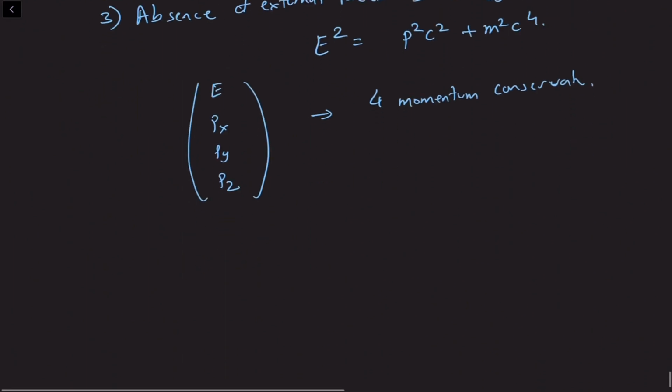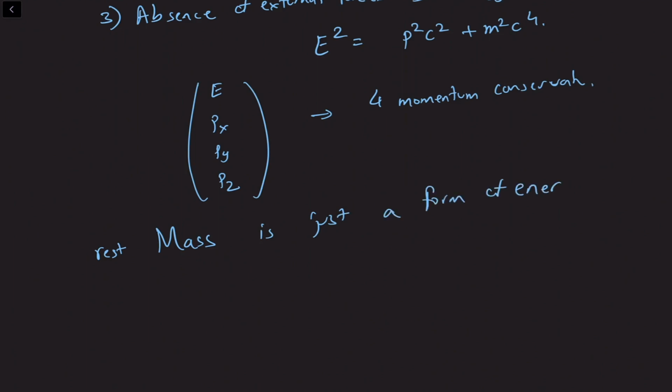And of course, what this also tells you is mass or rest mass is just a form of energy which is locked up with the particle. Okay, but it can be released in certain specific processes, as we saw with electrons and positrons, which can annihilate to photons.